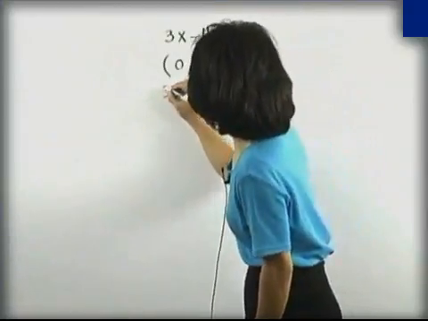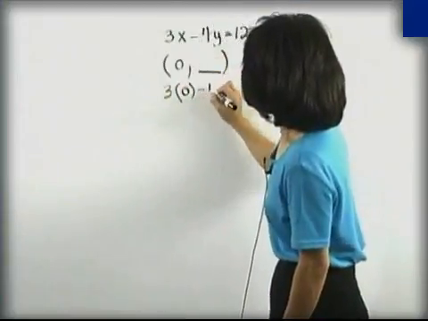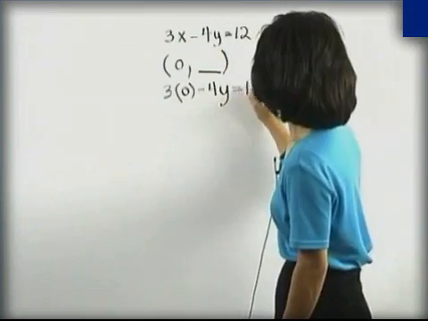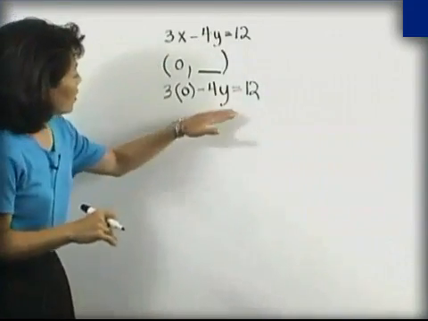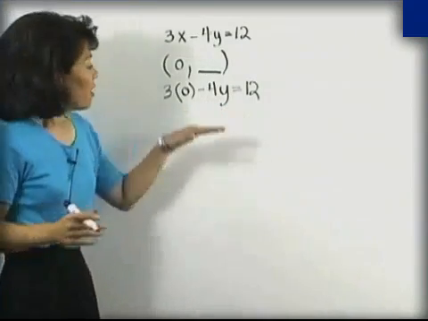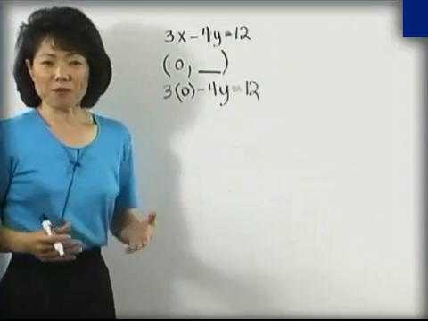It looks like this: 3 times 0 minus 4y is equal to 12. Once we do this, notice our equation is solved for y, because x is gone and we just have an equation in terms of y.